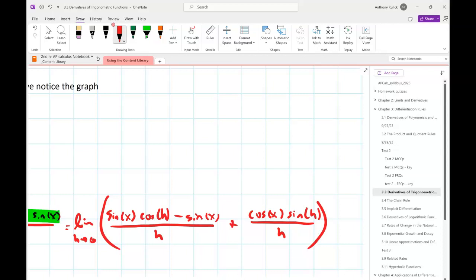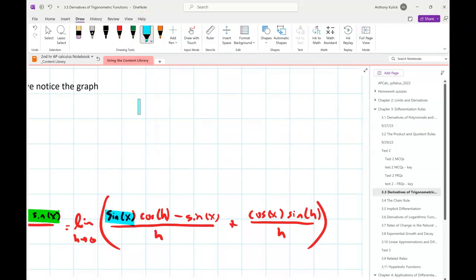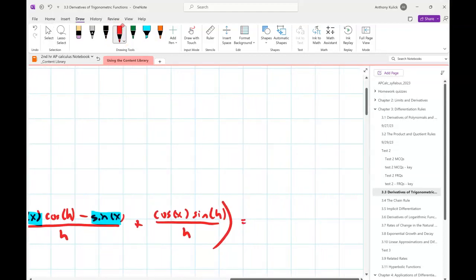And the reason I'm going to do that now is, if I look at that first fraction, I have a greatest common factor there, right? So let's go ahead and do some factoring. I'm going to use some limit laws here.